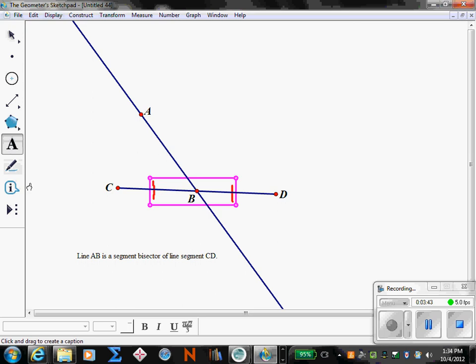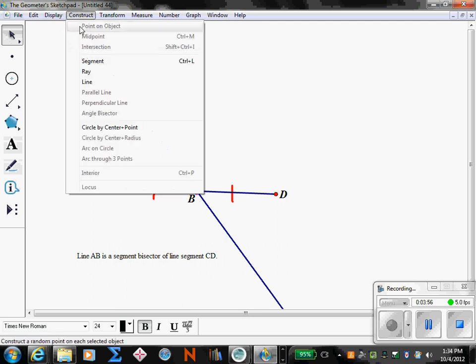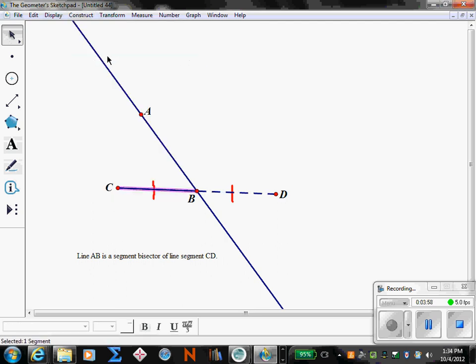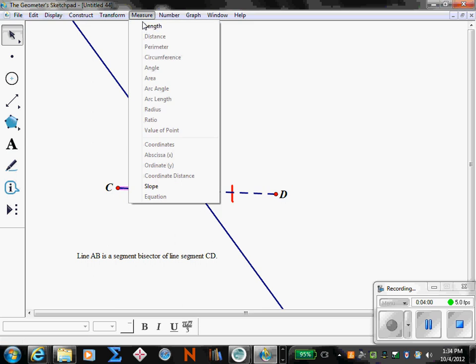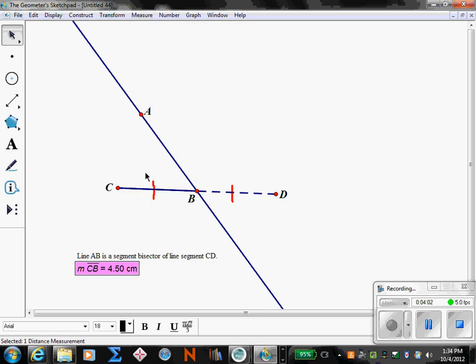Okay, so if I take CB and make that a segment and then measure its length, then I can see that it's equal in length to segment BD.